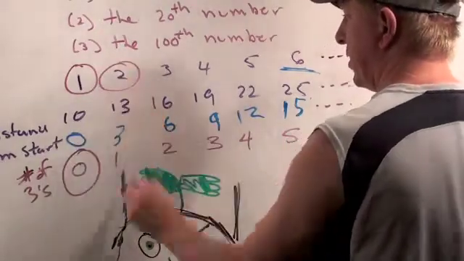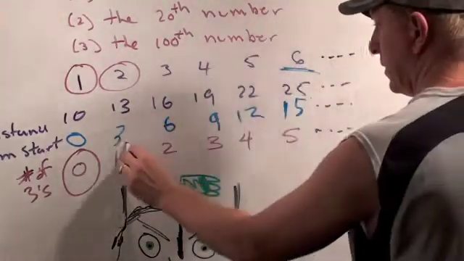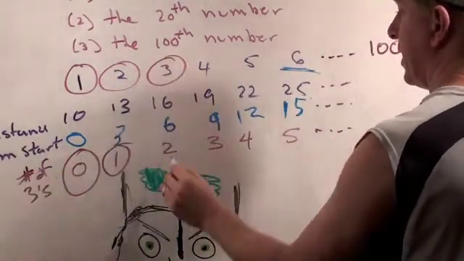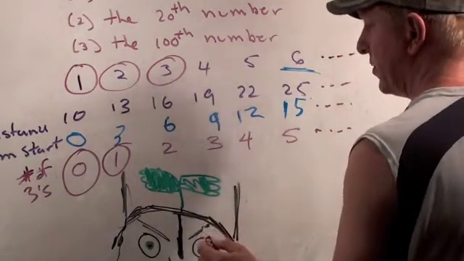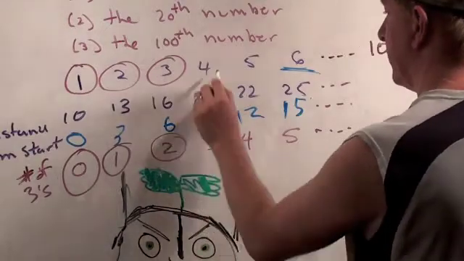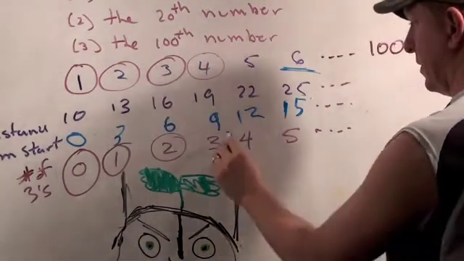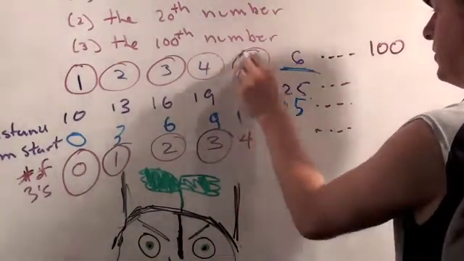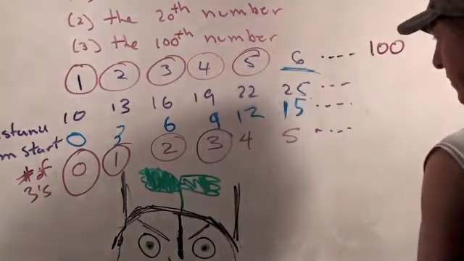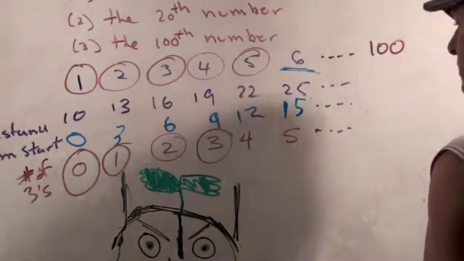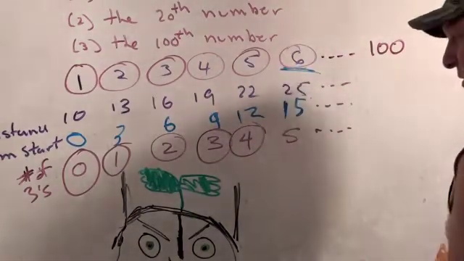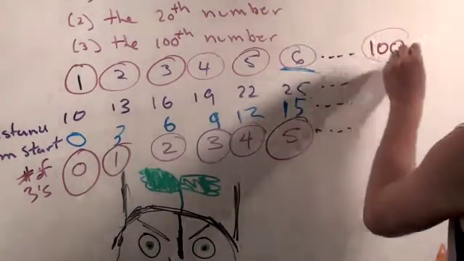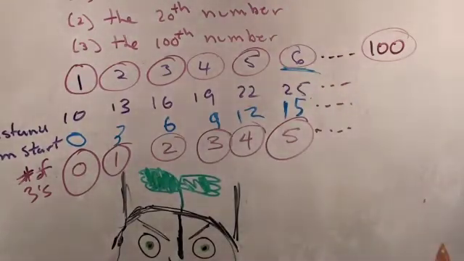The second number used how many threes? The third number used how many threes? The fourth number used how many threes? 3 threes. The fifth number used how many threes? 4 threes. The sixth number used how many threes? 5 threes. How many threes is the 100th number going to use if that same pattern continues?